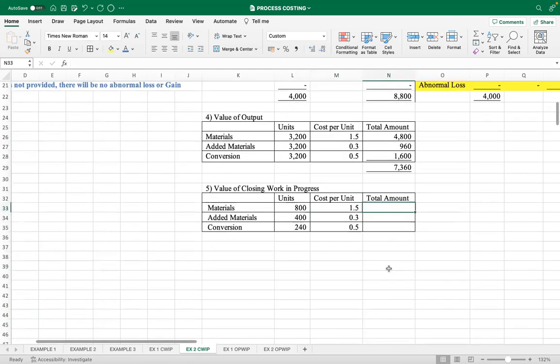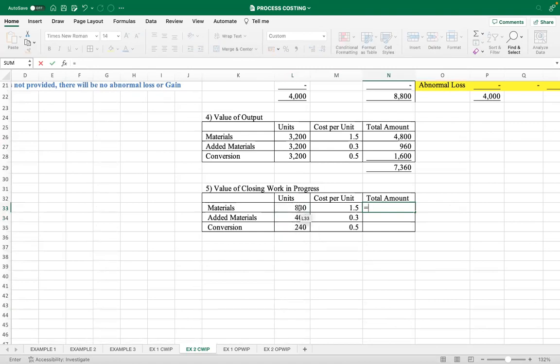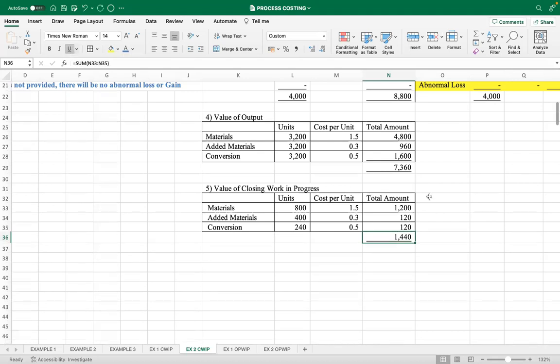And then the total amount is units times cost per unit, and that gives you that value. So what is our total? Our total is 1440.